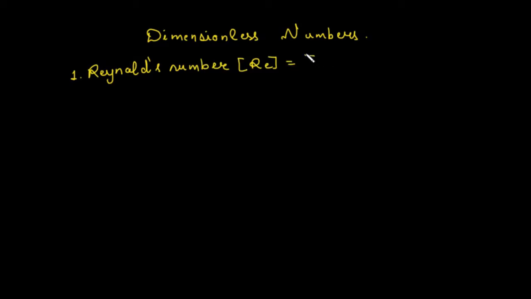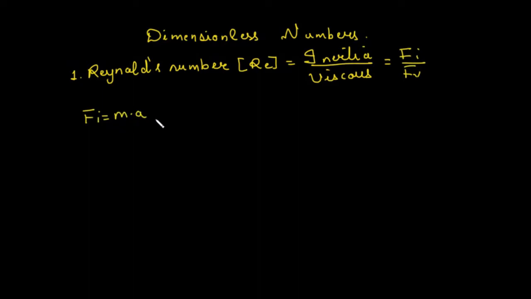Reynolds number is the ratio of inertia force to the viscous force. So that is equal to Fi divided by Fv. Now we have seen that inertia force is equal to the mass into acceleration of the moving fluid. So mass can be written as mass density into volume, and acceleration can be written as velocity per unit time.